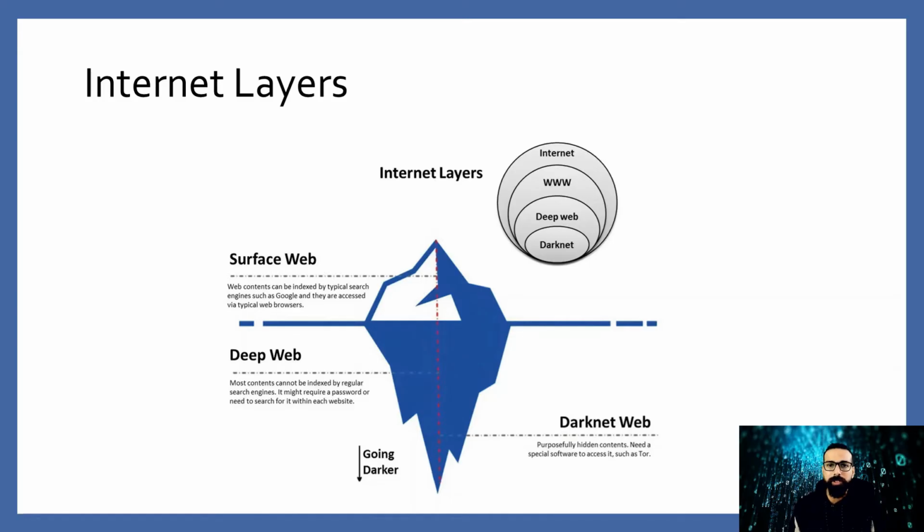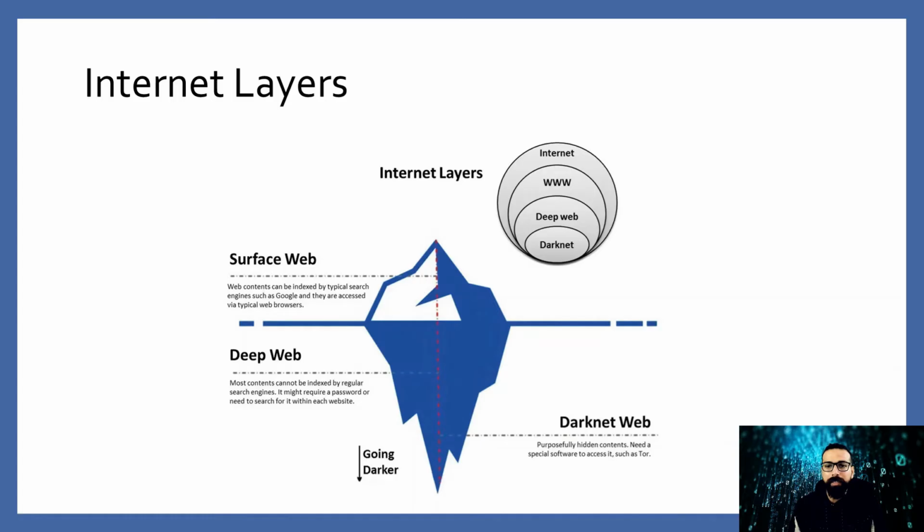The information is available, but obviously you need the right tool and technique to reach a particular piece of information, collect it, and analyze it. So in order to do this, you need to understand the concept of the entire internet first. Let's just discuss the basic concept.